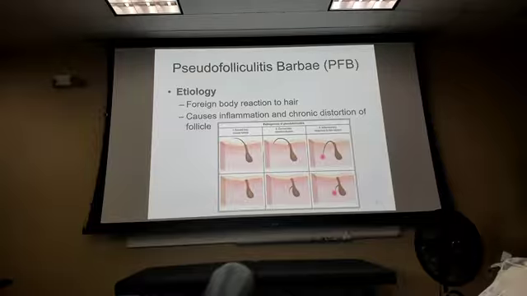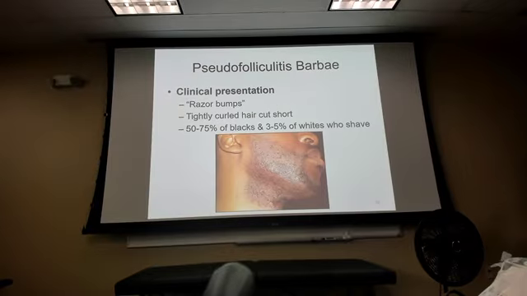Foreign body reaction to hair causes inflammation and chronic distortion of that follicle. So you can see how it looks first, and then it gets angry and goes up and under, buries itself, and then you can have the PFB. Razor bumps, tightly curled hair cut short.